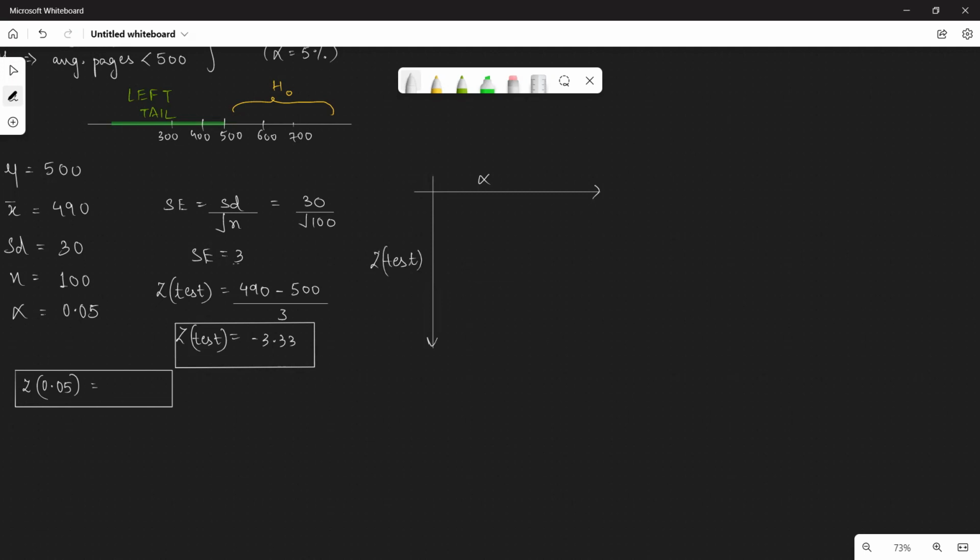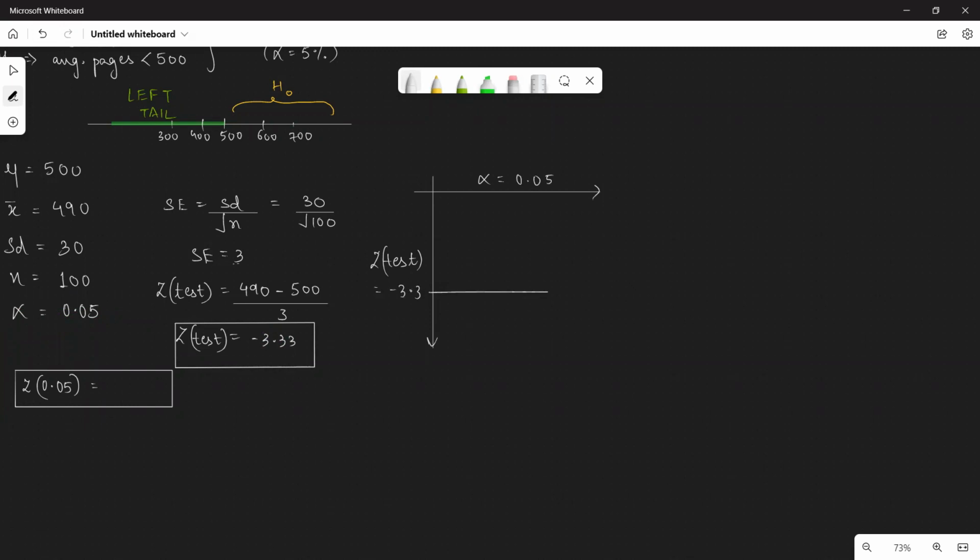Now, from the question that we have just solved, we have alpha value as 0.05. And Z test value we have calculated as minus 3.33. In the x-axis, we will search for alpha as 0.05. And for Z, we got it as 3.33.